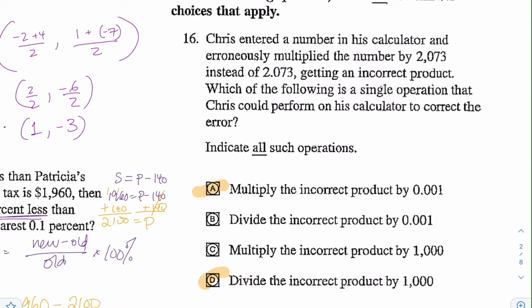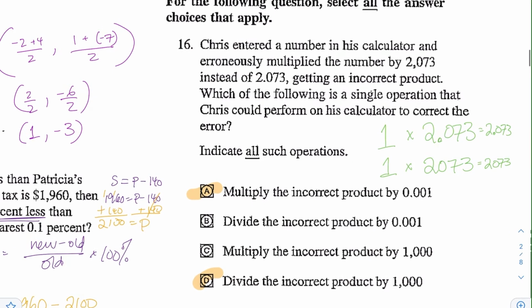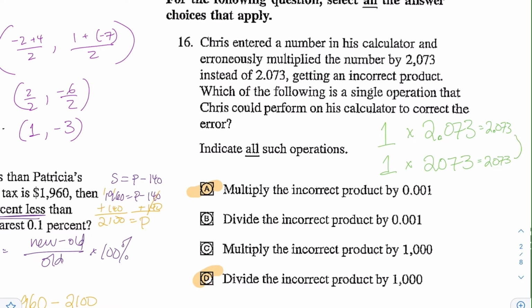So if you put in the number 1, instead of multiplying by 2.073, you take your number and you actually multiply by 2073. So you're supposed to get 2.073. Instead, you got 2073. So to turn 2073 into 2.073, you have to move the decimal point 3 places left.